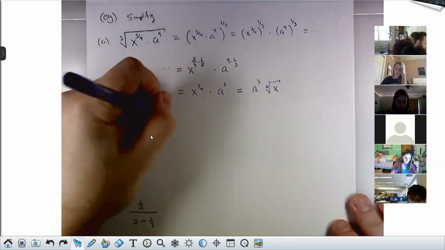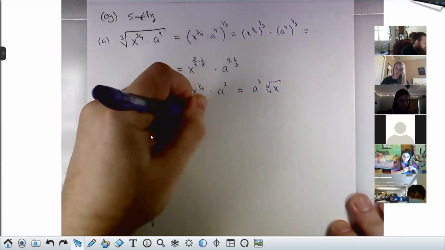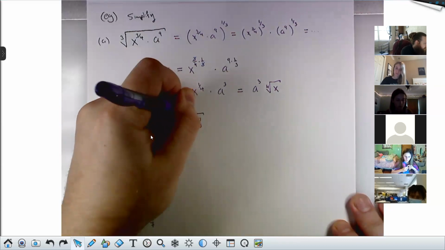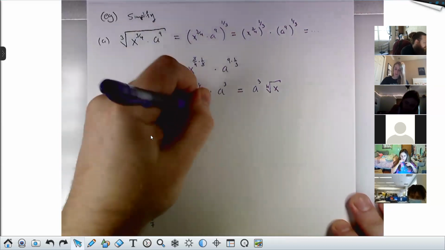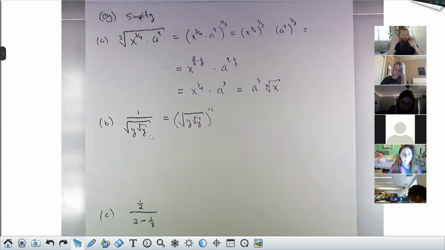We can rewrite this as big square root y, little square root y underneath, all to the negative 1st power. Right? Having some chunk downstairs is the same as having that chunk upstairs to the negative 1st. So this is valid. How can I clean up the radicals?